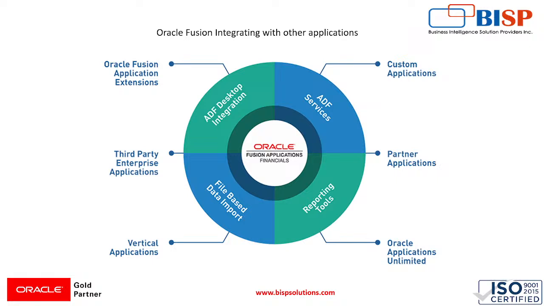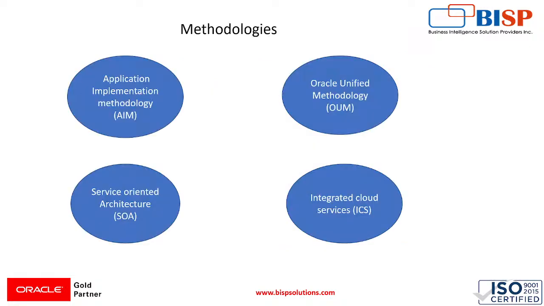Okay, so now after that it comes to the methodologies used by Oracle Fusion in the implementation and migration process. Here you can see the methodologies that are used in Oracle Financials.